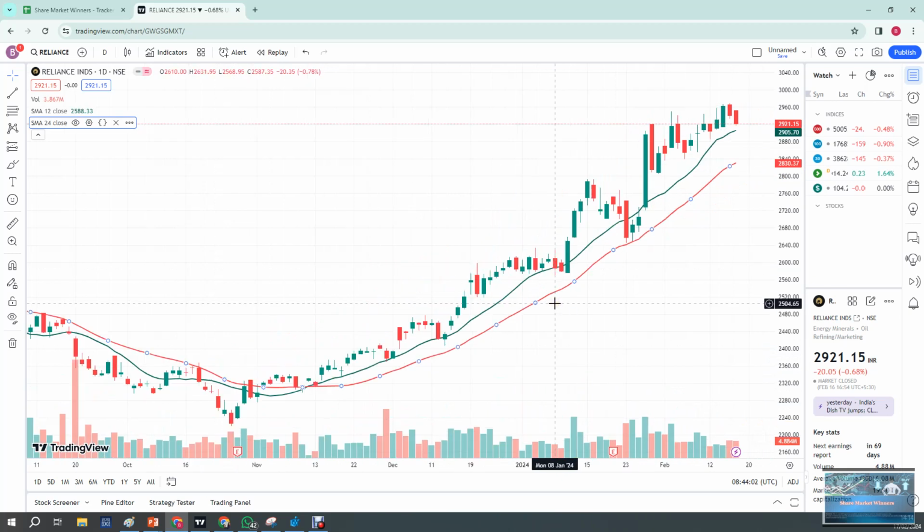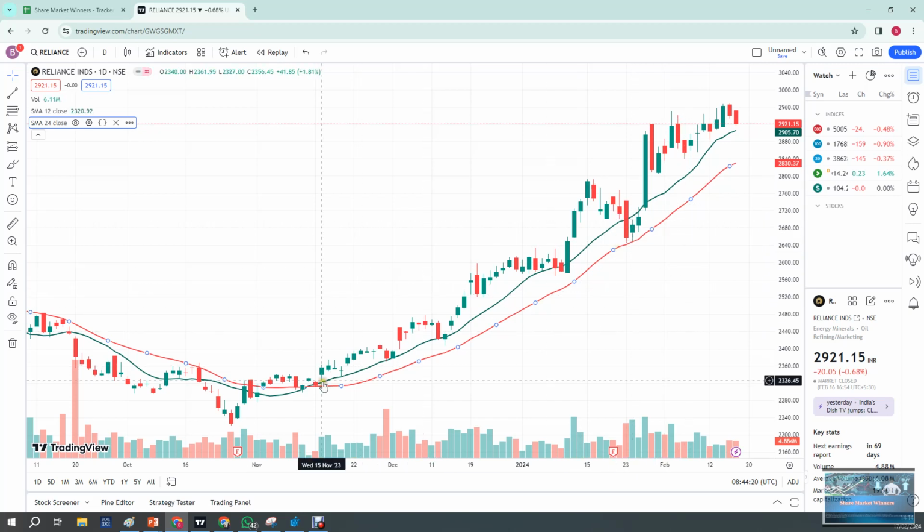That gives an indication as and when it crosses back on the 24 moving average. It's a simple moving average, so it is not so aggressive, but it will give an indication that it is going to change the direction of the trend.